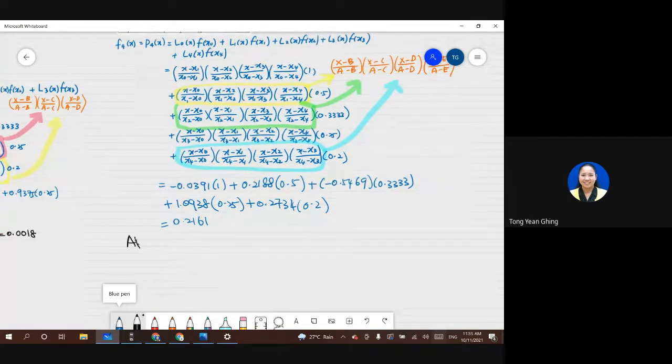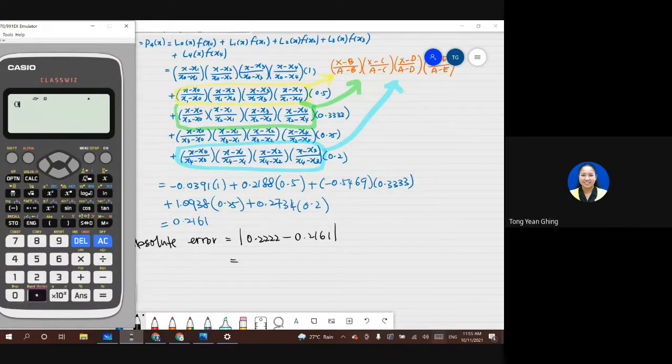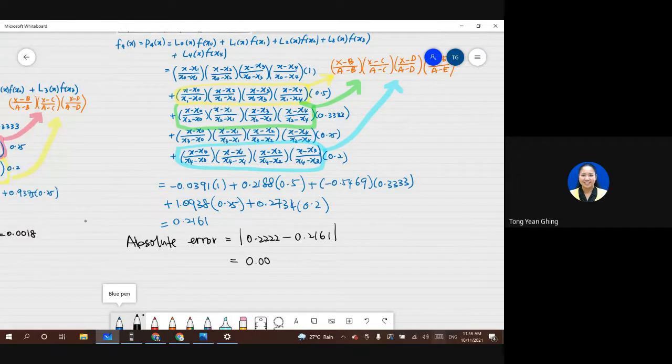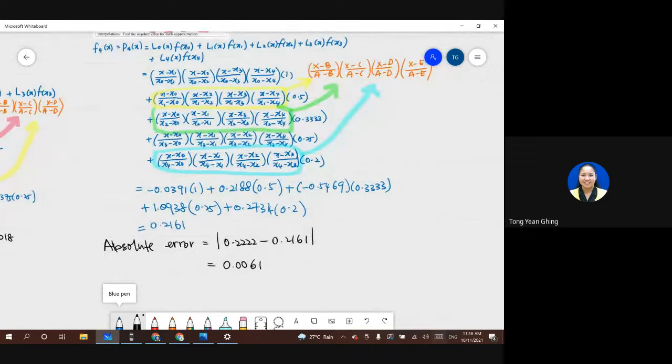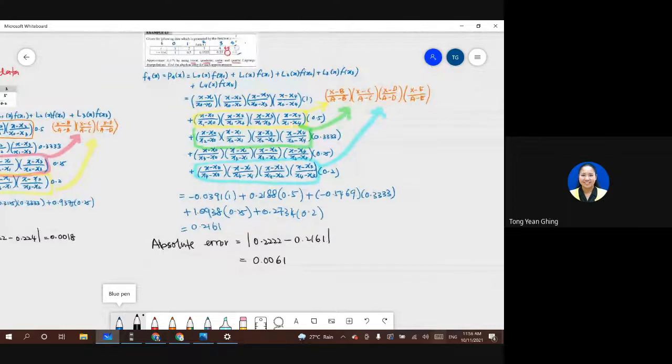So the absolute error is 0.2222 minus 0.2161. Okay, so now is the end of this one.